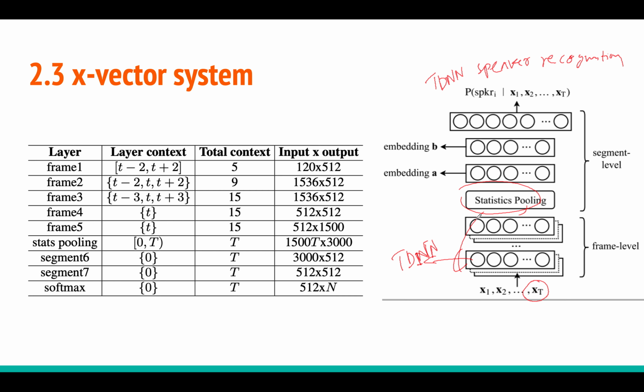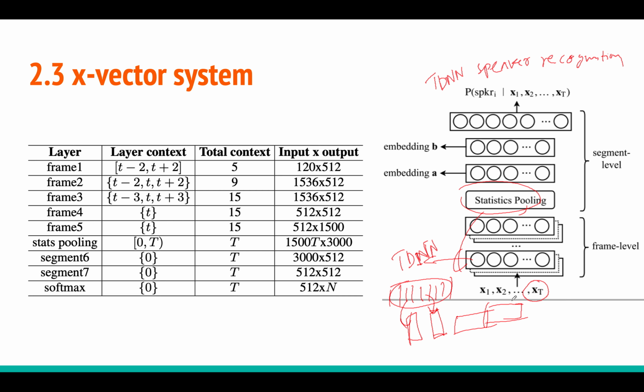People also wanted to do some sort of statistics here, so they use this statistics pooling, which computes the mean of the sequence of vectors and the standard deviation of the sequence of vectors. Let's say you have a sequence of frame level features. You compute the mean of this, which is one vector, and the standard deviation, which is another vector, then you concatenate these two, right?